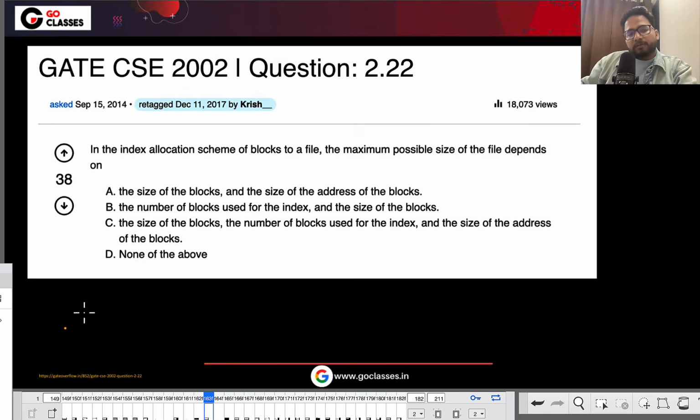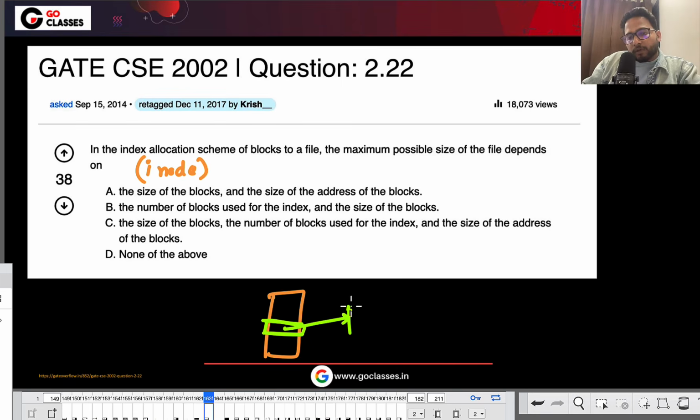Let's see this question. What they are asking is: in the index allocation scheme of blocks to a file, the maximum possible size of the file depends on what? So in an inode kind of system, the maximum size of the file depends on, obviously, how many pointers this inode has, or whatever it is pointing to, which may basically be pointing to someone else.